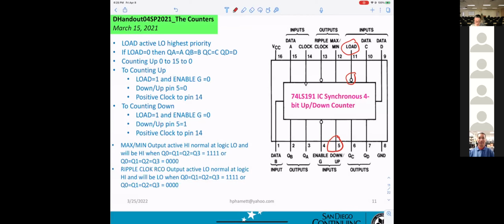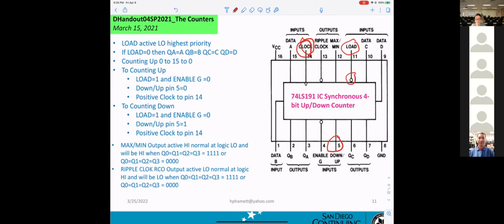So positive clock to pin 14. That means the clock will go in right here, for both up or down.